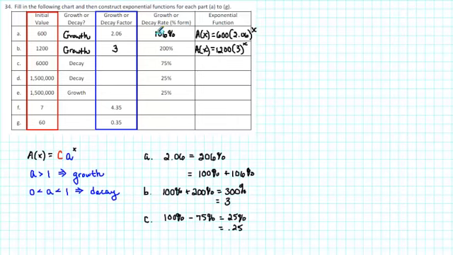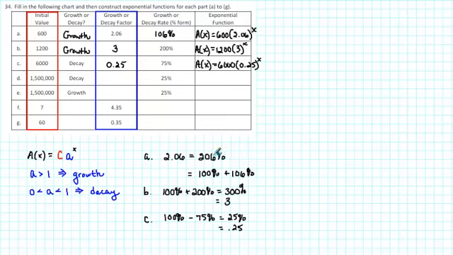So our decay factor is 0.25. Our exponential function is a of x is equal to our initial value 6,000 times our decay factor 0.25 raised to the x.